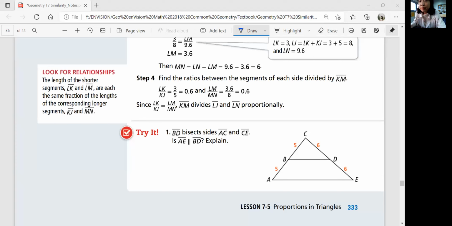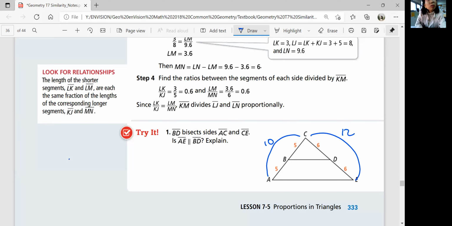Okay, are you ready? What is the easiest way to prove this or to explain? Let's notice our lengths here. It bisects both sides, right? So CB is 5, AB is 5, AC is 10, CE is 12, CD is 6, DE is 6.